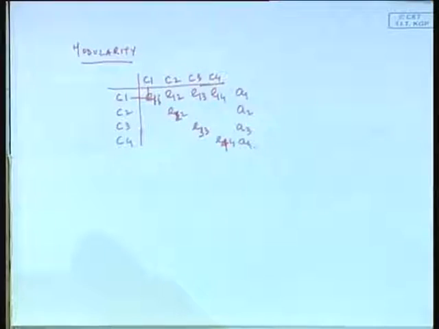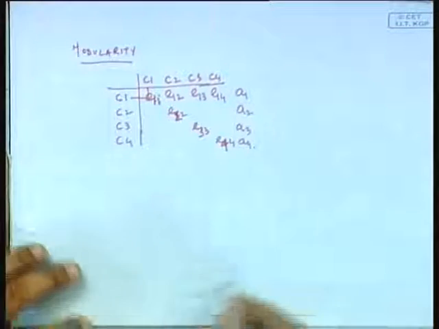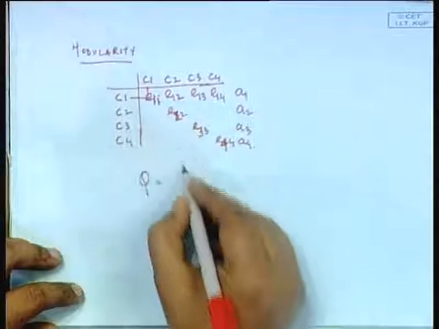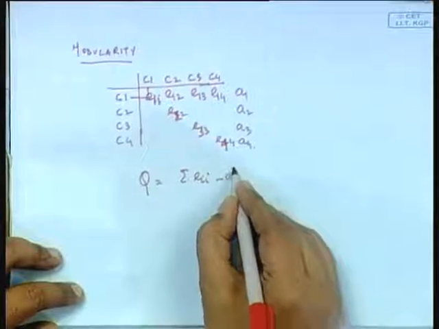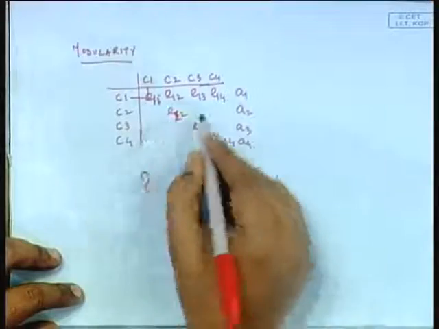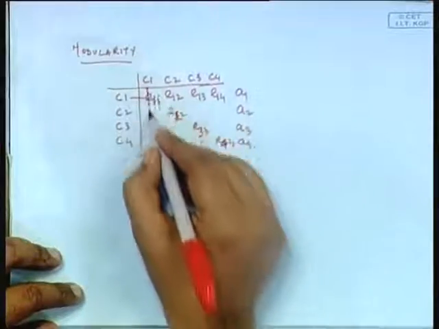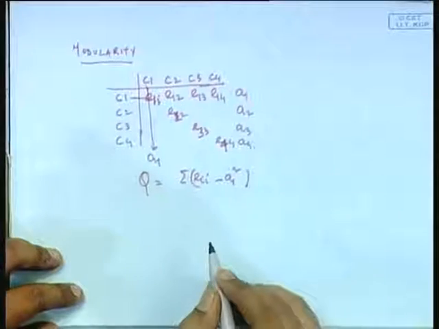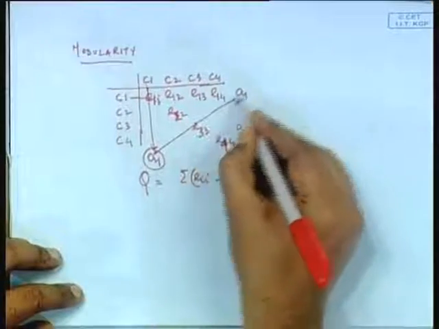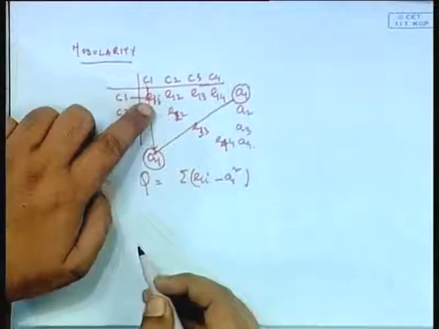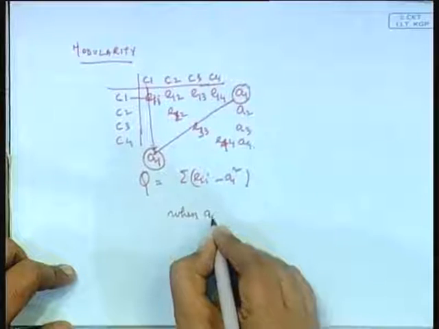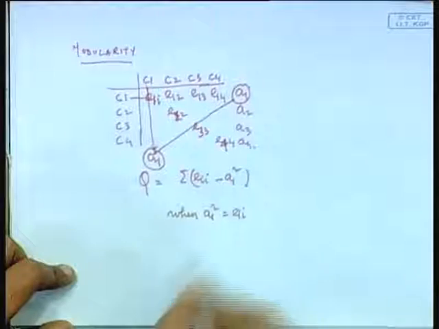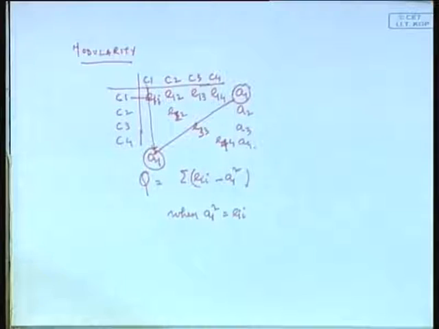Clear? So, the simplest definition, which we have also seen in the associative coefficient, if you remember, is Q is the summation of Eii minus Ai square. Since this is symmetric, this is also A1. So, A1 into A1 will be equal to Eii when A1 square is equal to Eii. When is it equal?